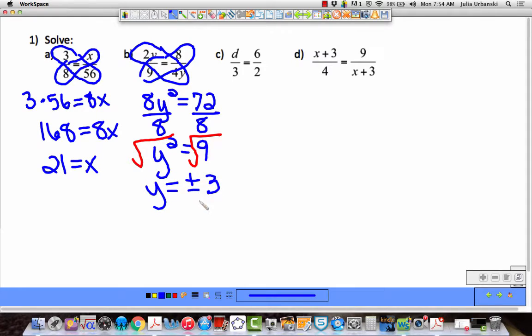You've seen that sign before, I hope? If not, you can write it out with the word or, positive 3 or negative 3. It's 2 answers, positive 3 and negative 3. Any other questions?